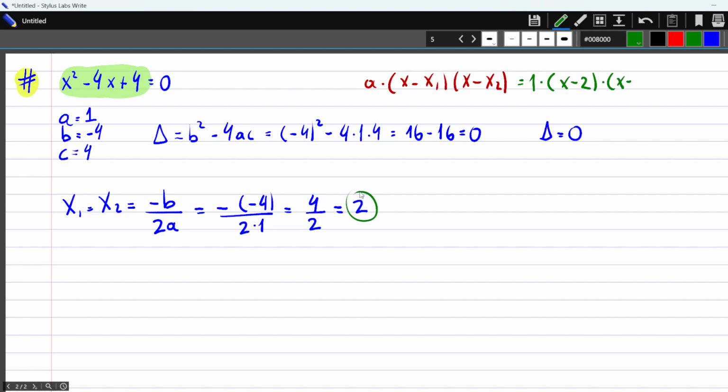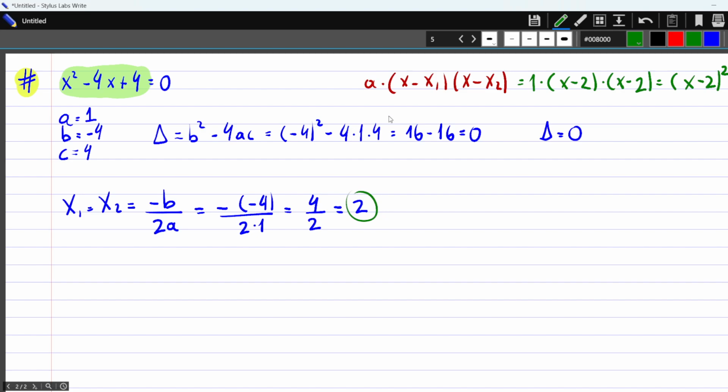It's the same number again, 2. So x squared minus 4x plus 4 is actually equal to x minus 2 squared, which is an identity. We will check the identities at some point, but it's not the time right now. Now we are checking the quadratic formula.